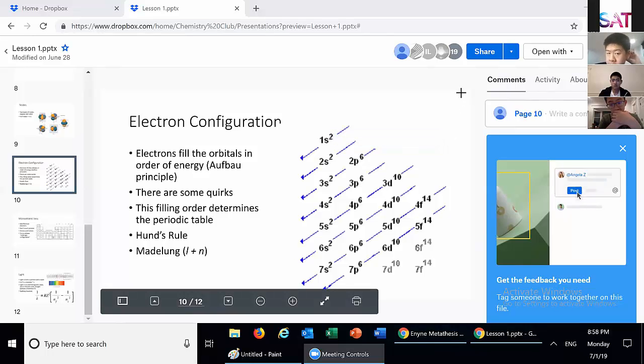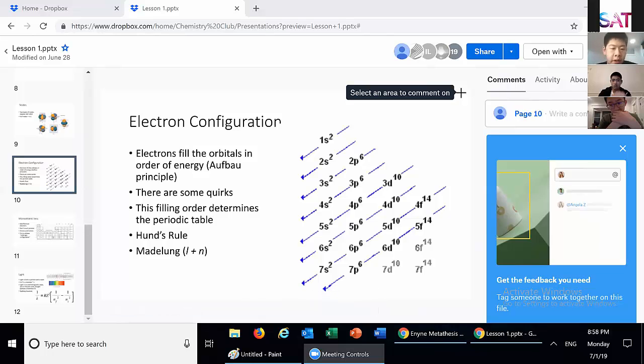The electrons fill these orbitals in order of energy, which we call the Aufbau principle. There are some inconsistencies in this order, but we don't need to know about that right now. This filling order really determines the overall structure of the periodic table.